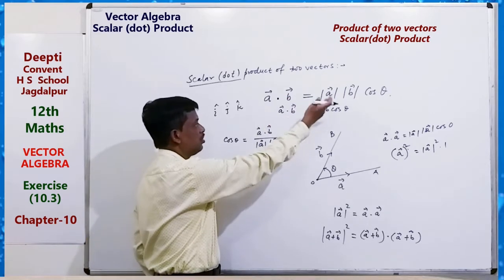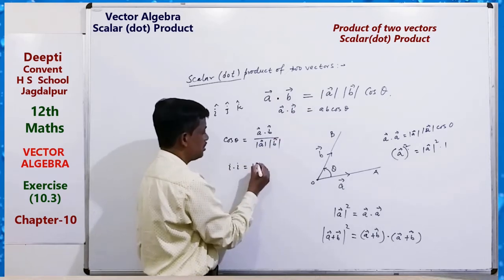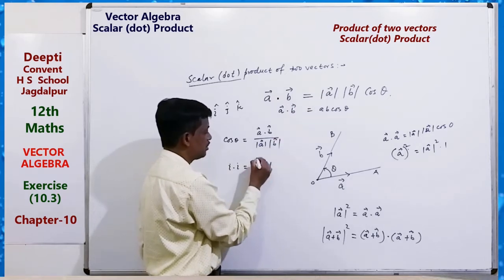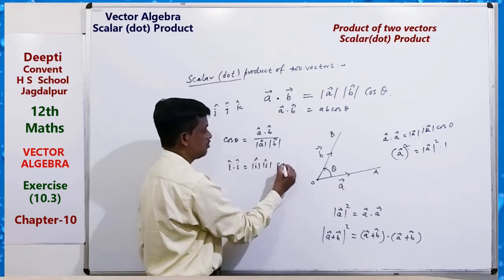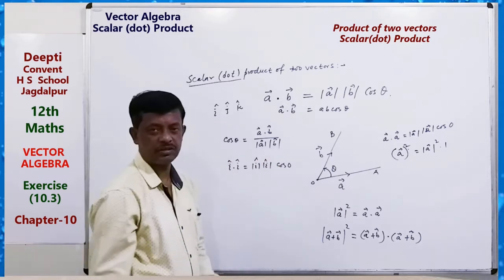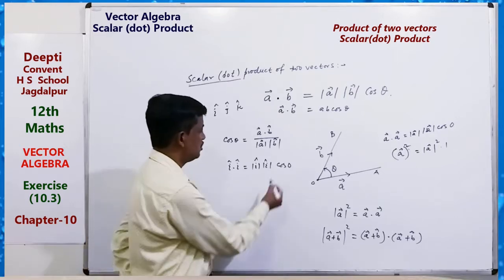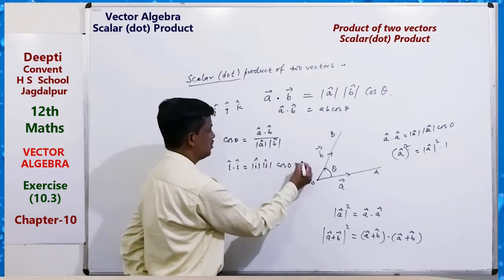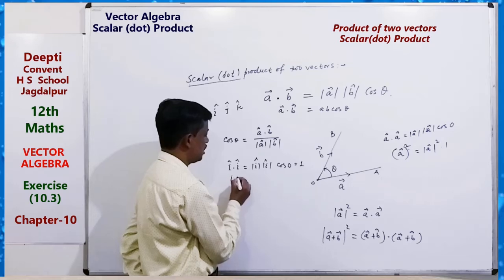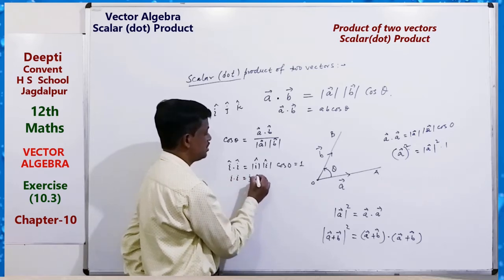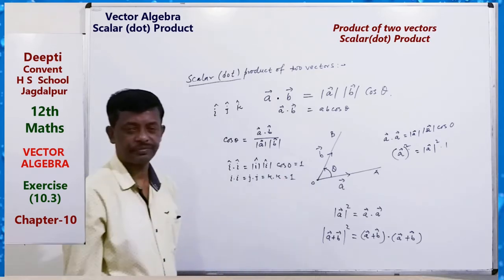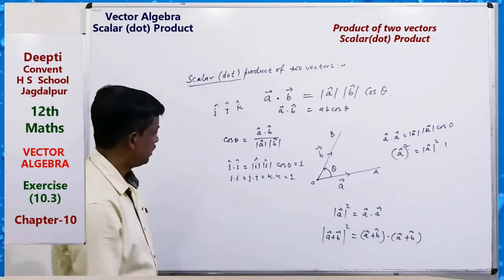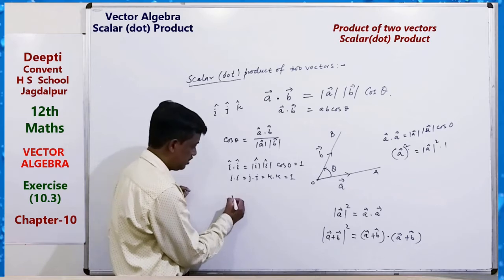A dot B is mod A mod B cos theta. I dot I is mod I mod I cos 0, because the angle between I and I is 0. This is 1, this is 1, this is 1. So it equals 1. So I dot I equals, similarly, J dot J equals K dot K equals what? 1. Clear?